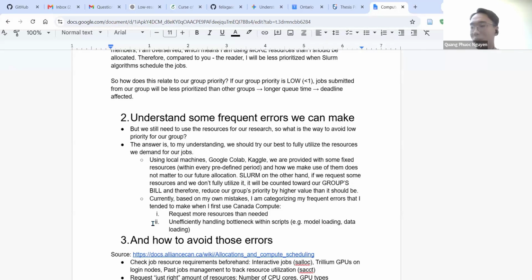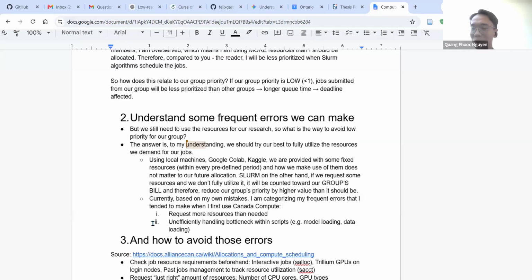For example, if my job only requires around 32 gigabytes of VRAM, but I requested a full H100 GPU which has 80 gigabytes of VRAM, that amount of GPU usage will also be counted toward our total research group billing.